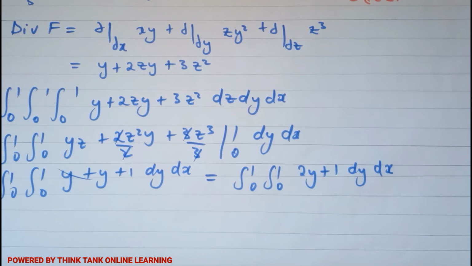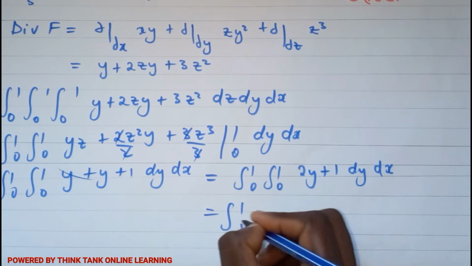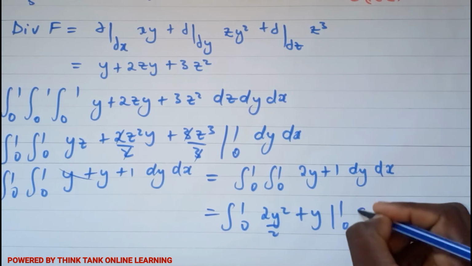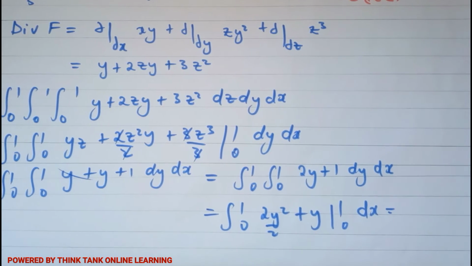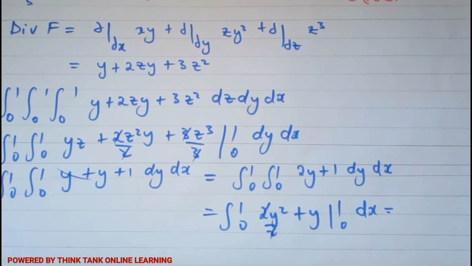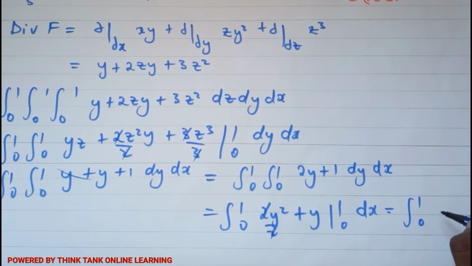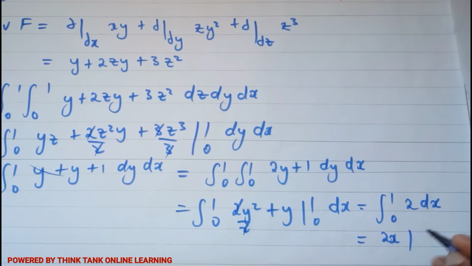If we integrate with respect to y, we have 2y squared over 2 plus y, with limits 0 to 1, dx. The upper bound is 1, so we have 1 plus 1, which is 2, dx. If we integrate a constant with respect to x, we get 2x, with limits 0 to 1, so this is equal to 2. This is the total flux that passes out through the unit cube.